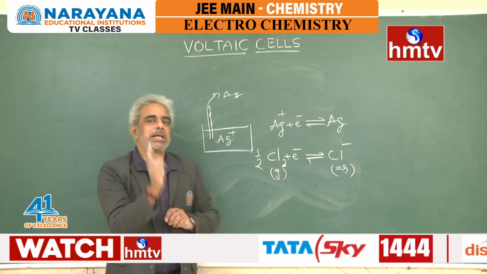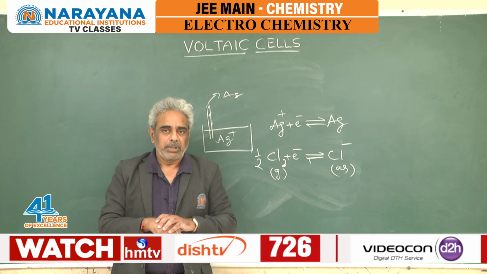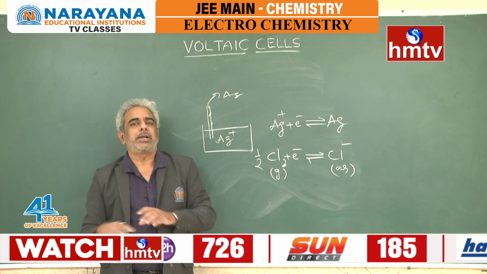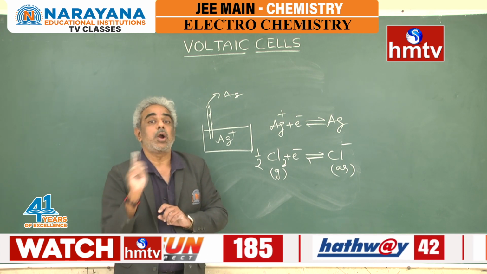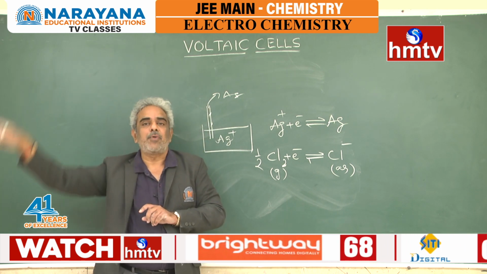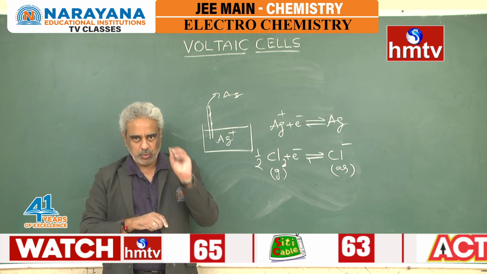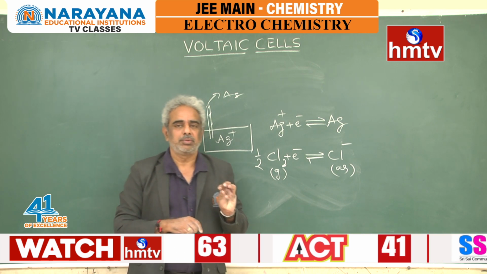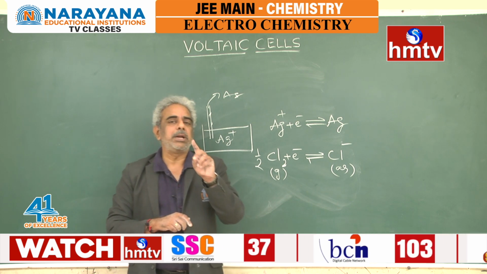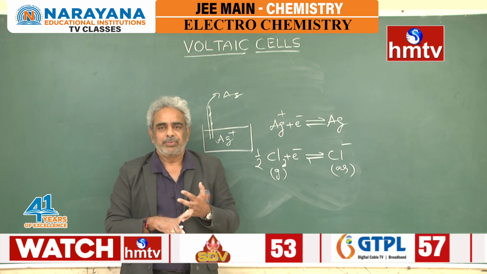You circulate chlorine gas, but you can't connect gas in an external circuit. Even in case of standard hydrogen electrode, hydrogen is a gas. So, hydrogen is not directly connected. Hydrogen is circulated around a platinum foil and that platinum foil is connected in the circuit. Similarly, whenever you have some gaseous electrodes, the gases are circulated around platinum foil and that is connected, because platinum, gold, these are all inert metals.